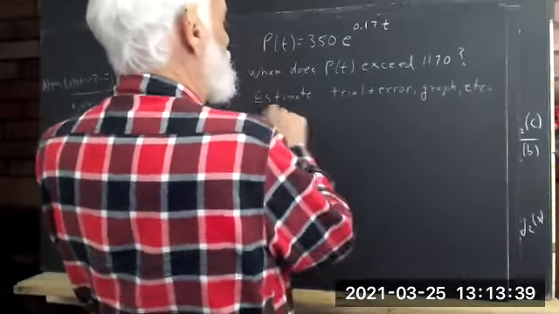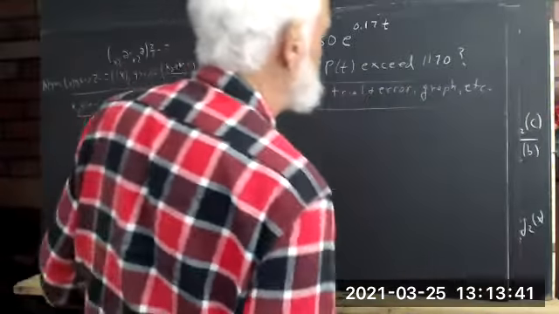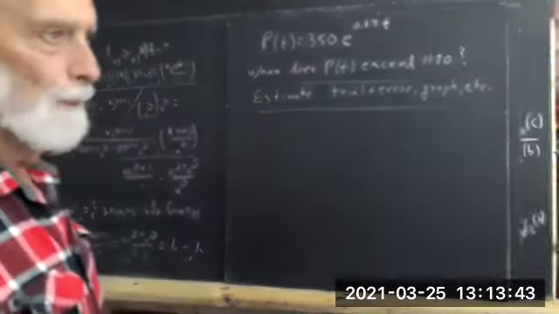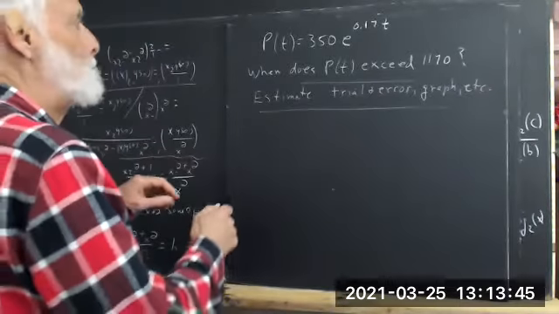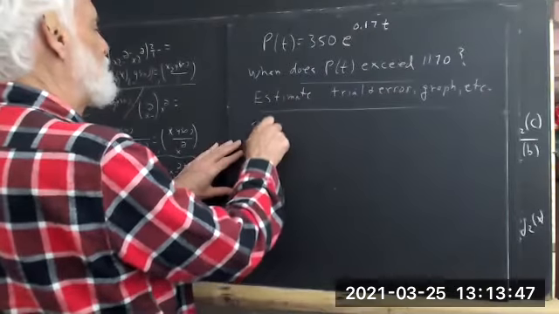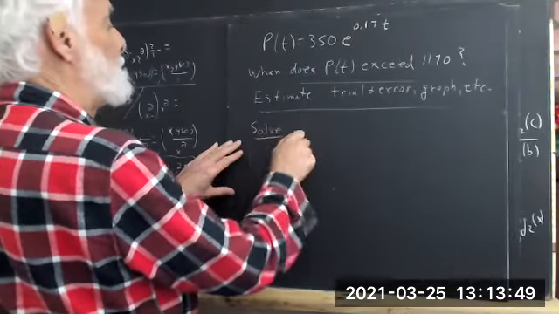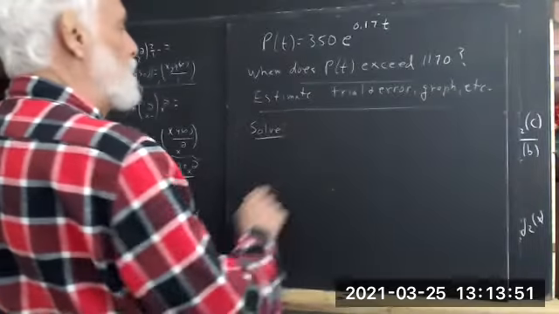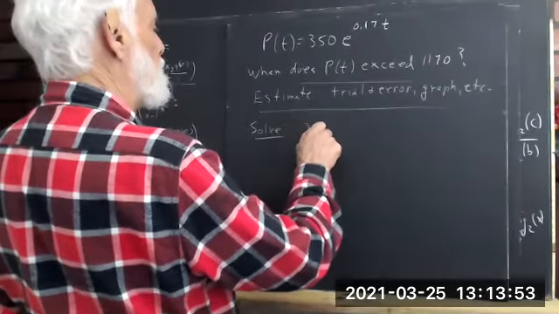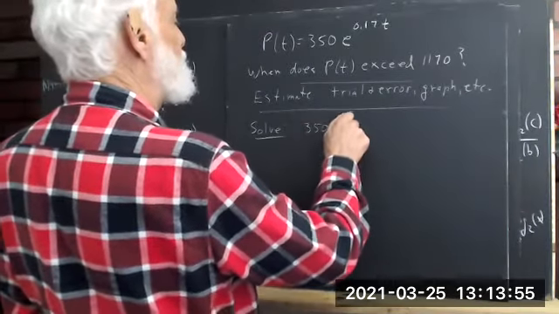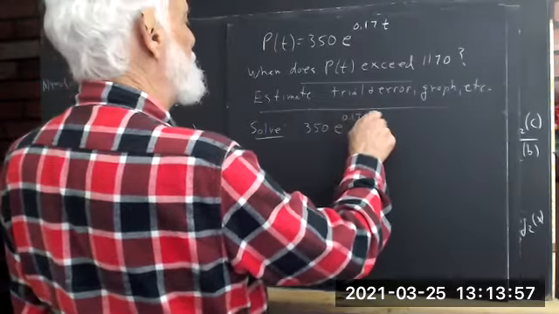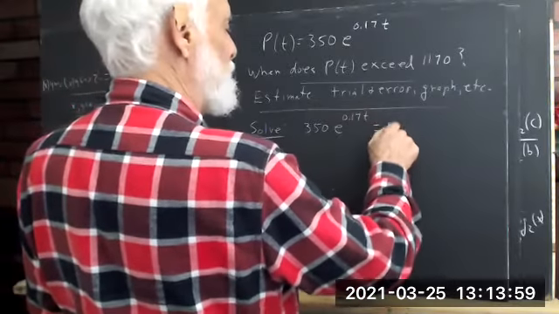You can use trial and error, you can use a graph, and so forth. So, well, you write the equation, 350 e to the 0.17 t equals 1170.